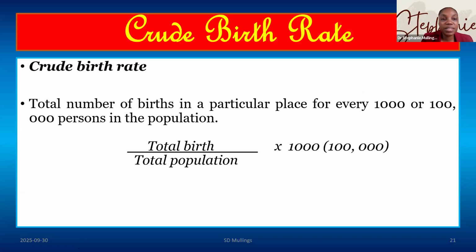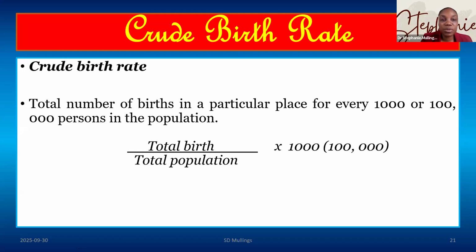Crude birth rate, and we're now looking at crude rates. Those that we looked at earlier were more specific rates. We're looking now at a crude rate. So we have crude birth rate, we can have crude death rate, and crude here really means that everybody is involved.